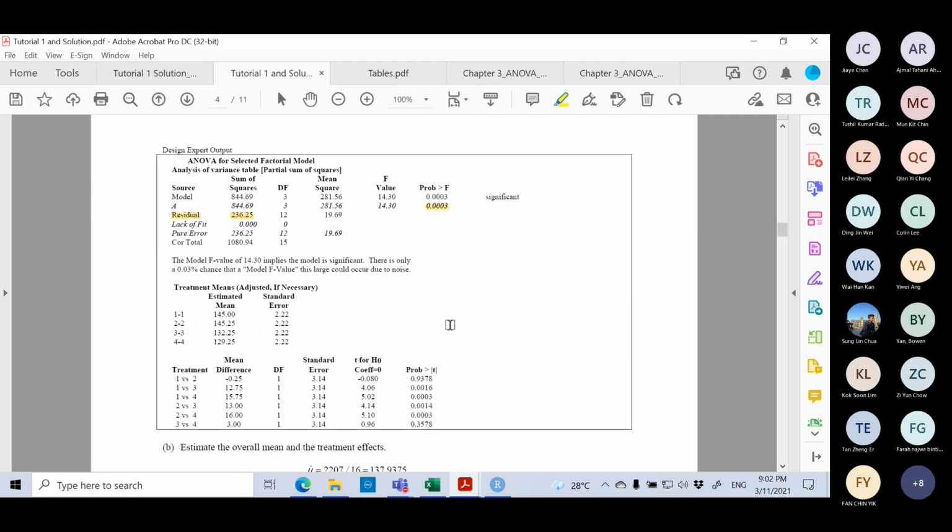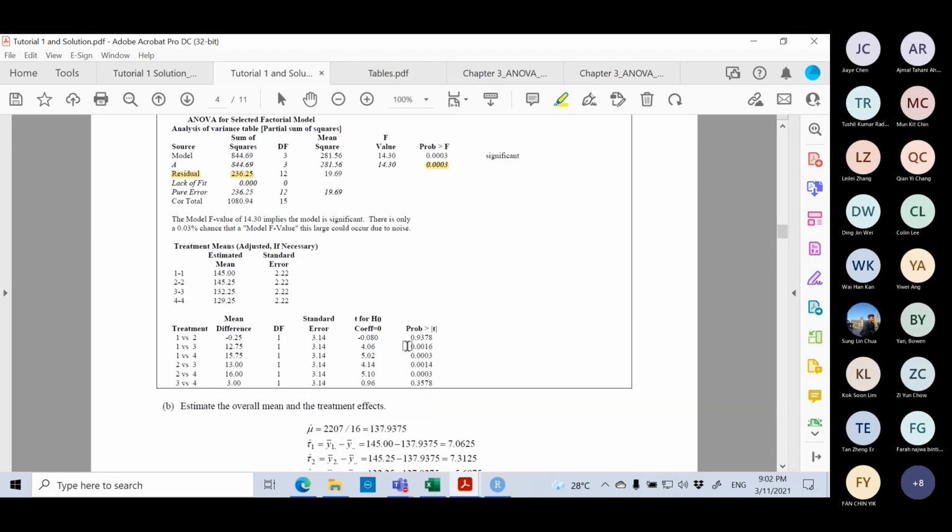Okay. So from here, if you use this software, of course, we can clearly see this one, this one, this one, and this one. This pair. Okay. These are the results. They are significantly different. Of course, I need to compare with a certain alpha level.